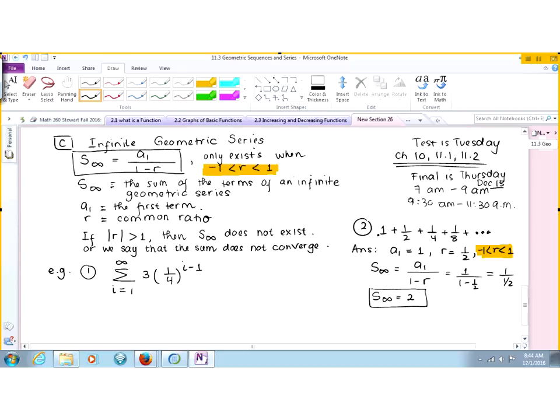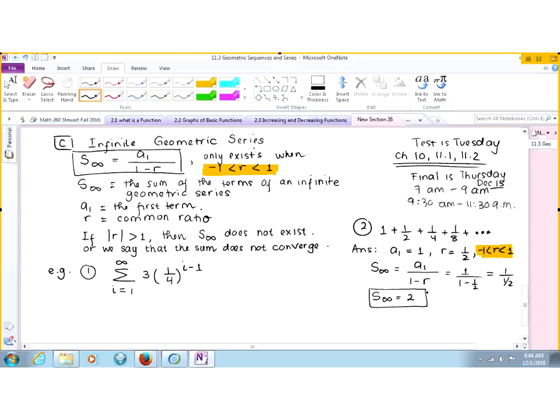So it's weird, isn't it? If you add 1 plus half plus 1/4 plus 1/8 plus 1/16 plus 1/32 plus 1/64, and so on till the end, we don't even know when it ends, but do we know the sum? Yeah, it's equal to 2.